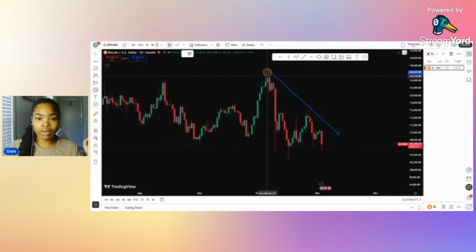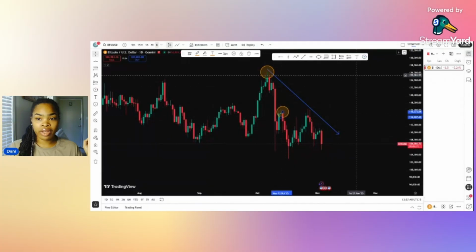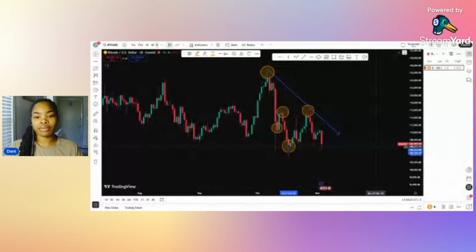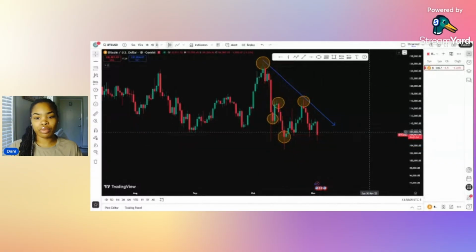Right? We have a high, we have a lower high, then we have an equal high. Right? We have a low, we have a lower low. We're in a downtrend. Period. We're in a downtrend.